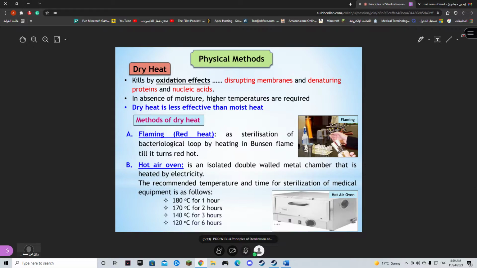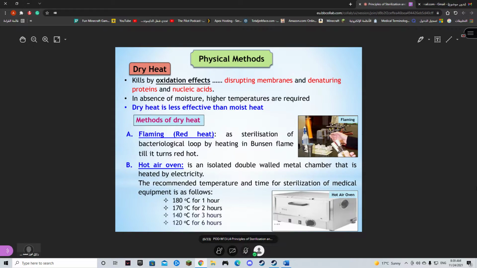They destroy the bacteria by degrading the nucleic acid and denaturing the enzymes and proteins. They also disrupt the membrane.